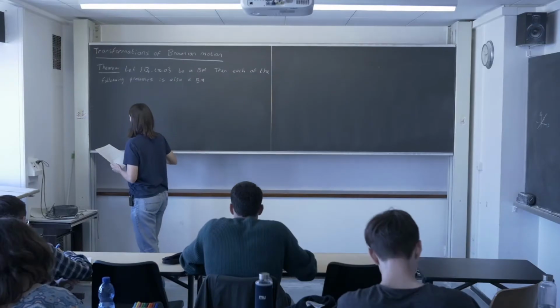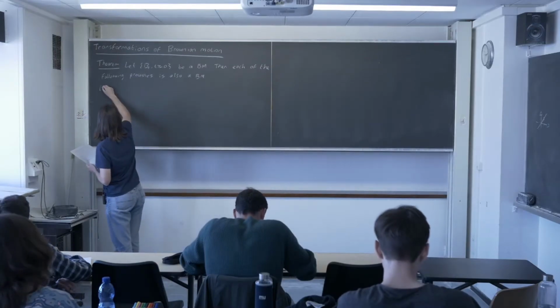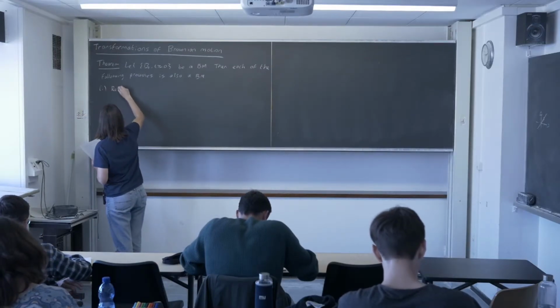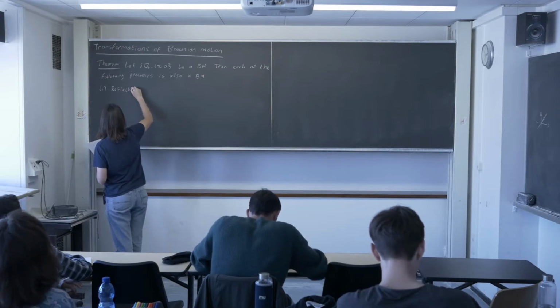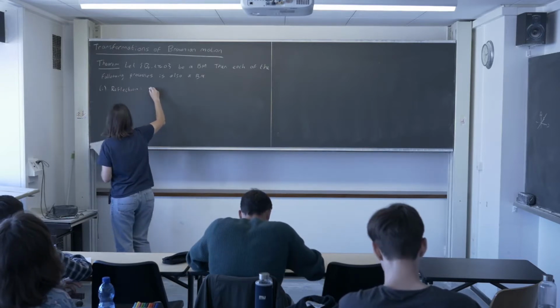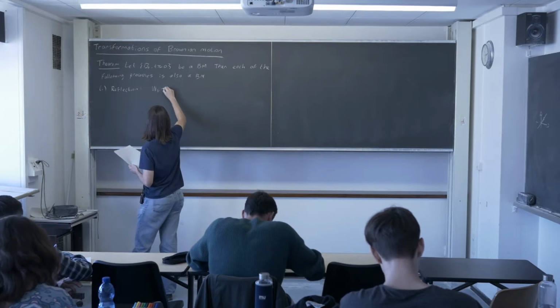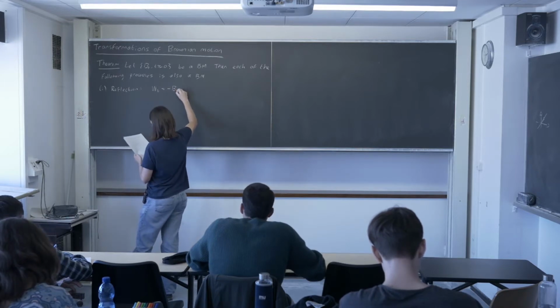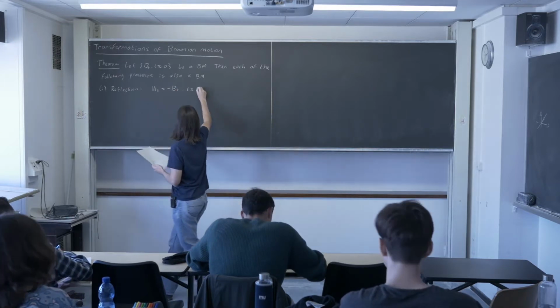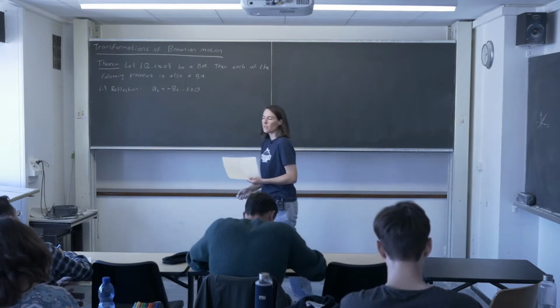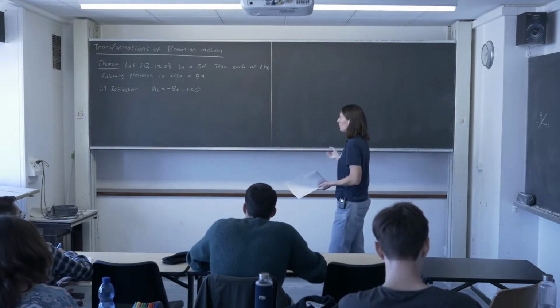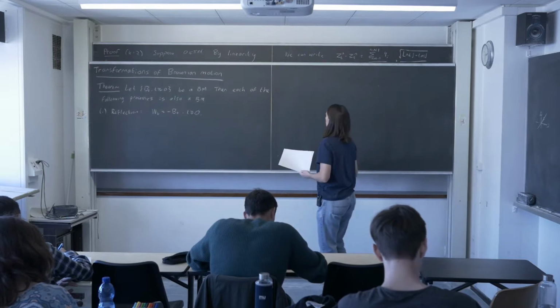Okay, so first one is reflection. So if we set W_t to be equal to minus B_t for t greater than or equal to 0. Okay, so I take my Brownian motion picture.